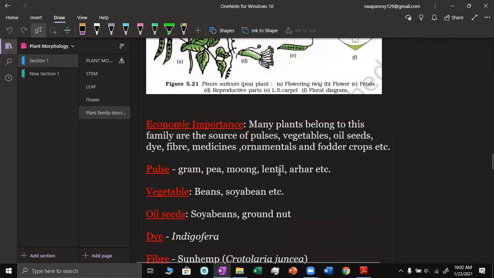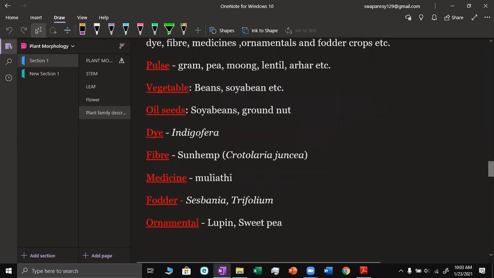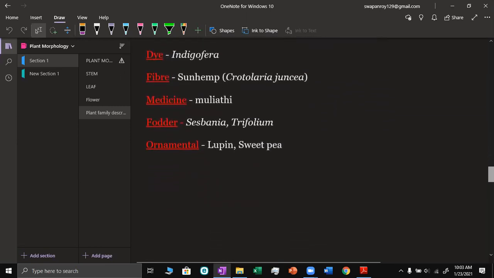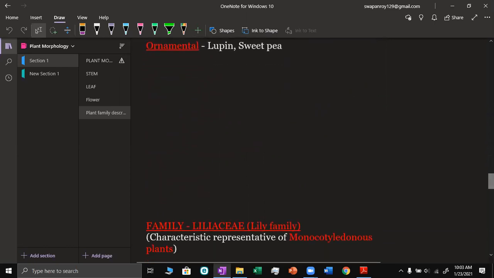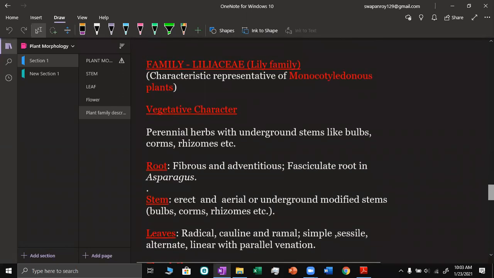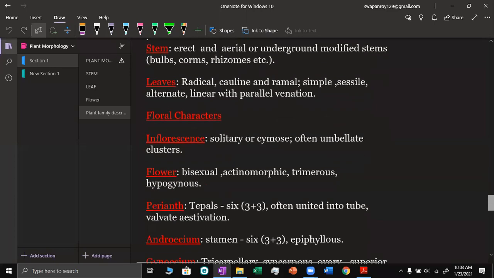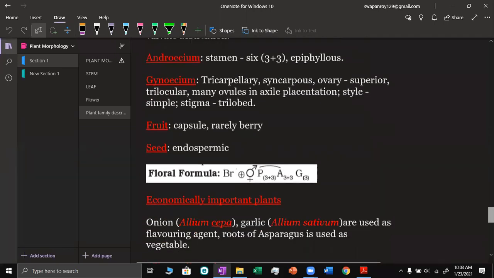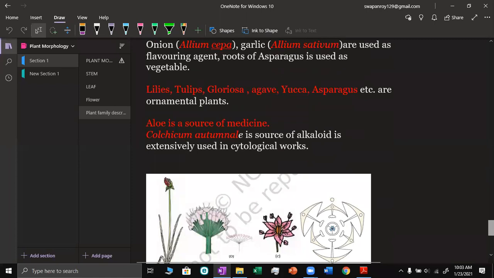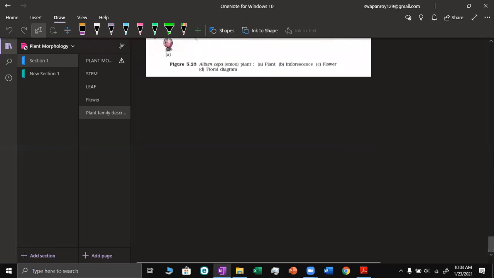Floral diagram, economically important plants. This is the Liliaceae. Okay, then I'll close it here.